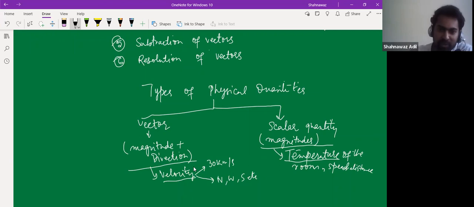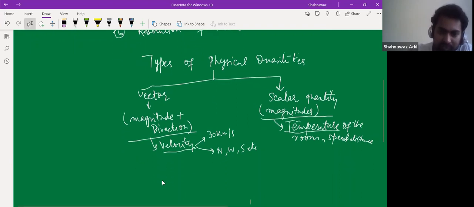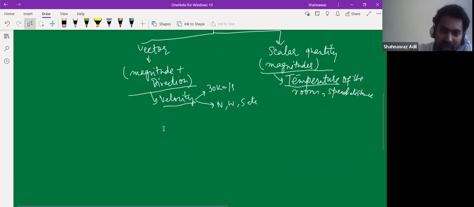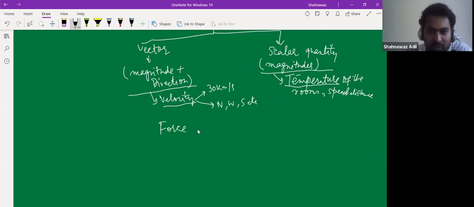This is an example of a vector quantity. One more example is force acting on two charges. It's also a vector quantity.